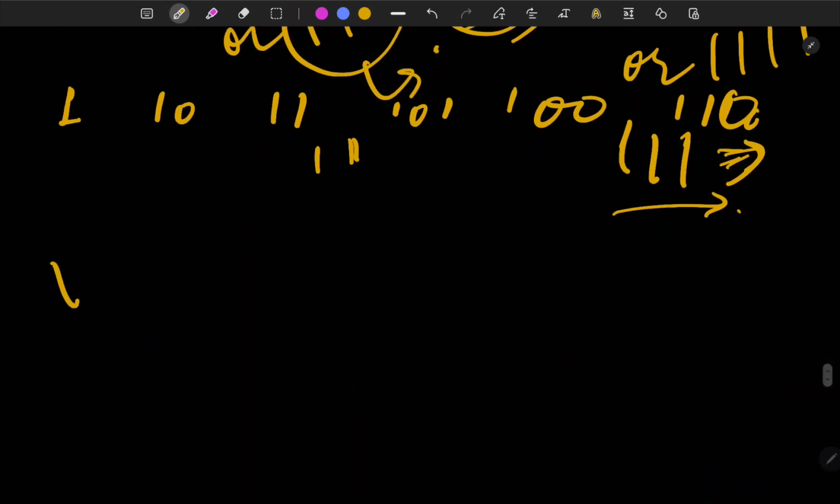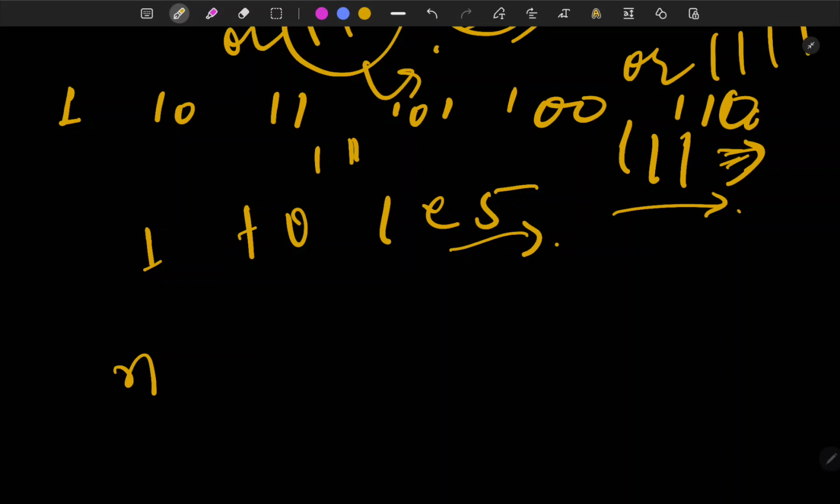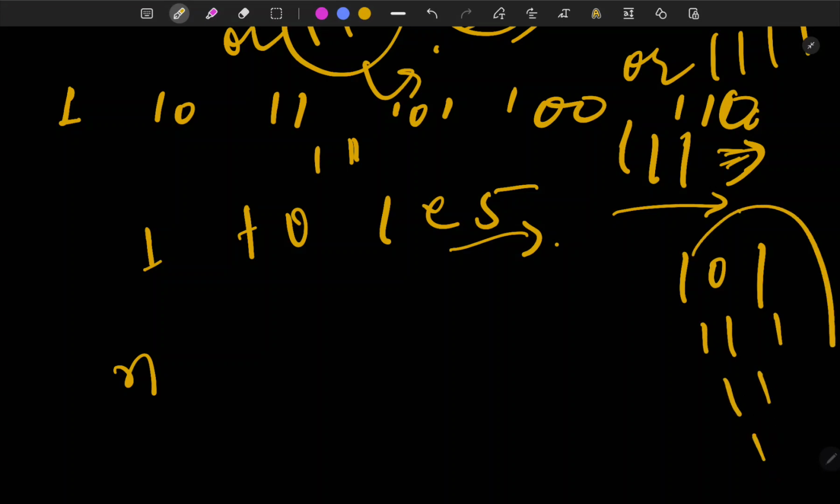If n is given from 1 to 10^5, I will start dividing n by all those numbers which are in the form of binary digits, 0 and 1, in this way.